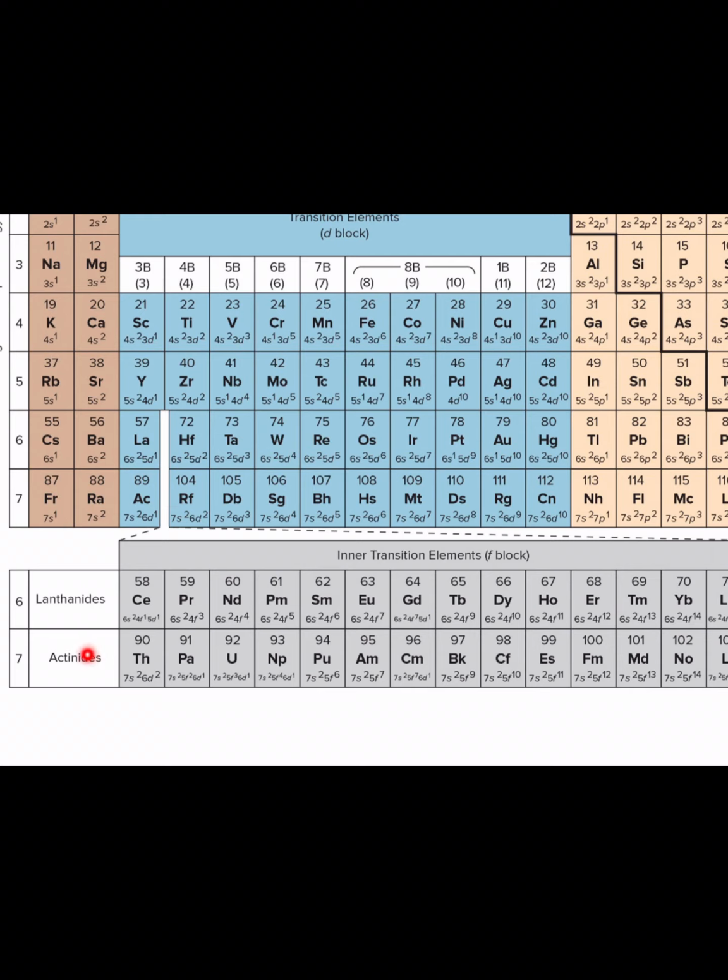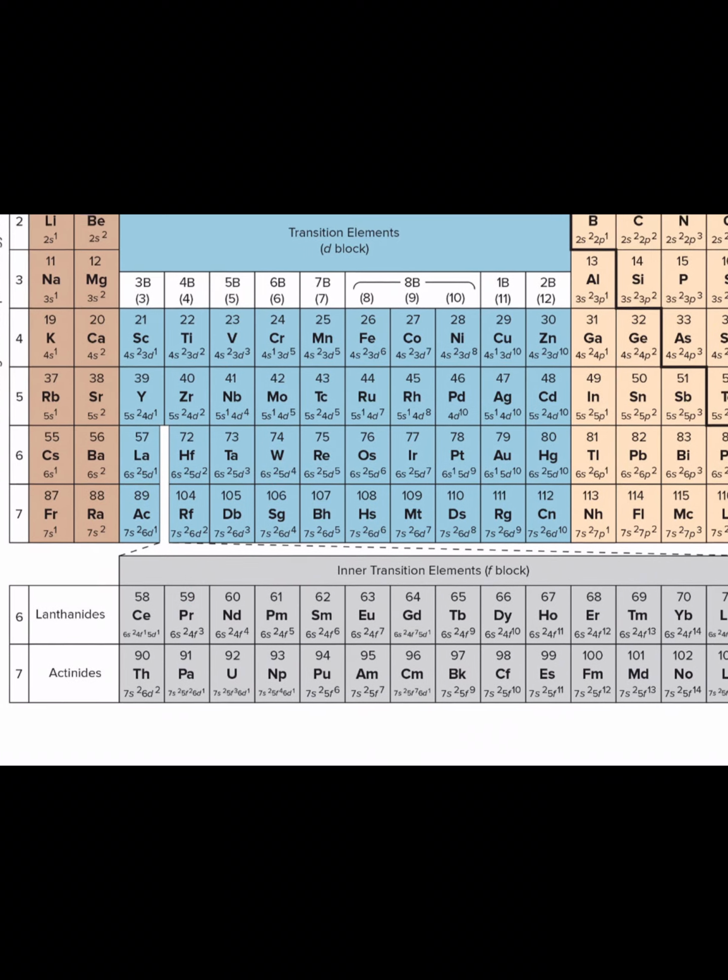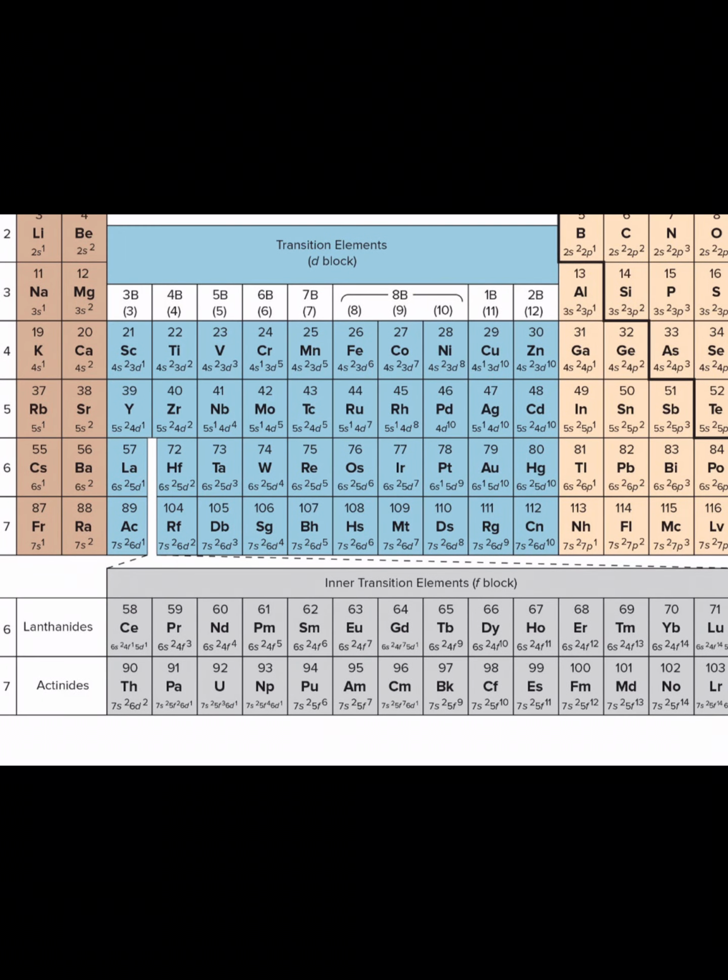That is also f block elements. This is period 6, and this is period 7. So 4f orbitals are filled up here, and 5f orbitals are being filled up over here. This is the 4f and this is the 5f.